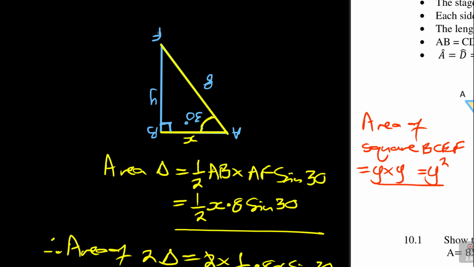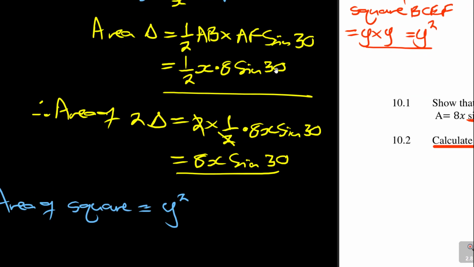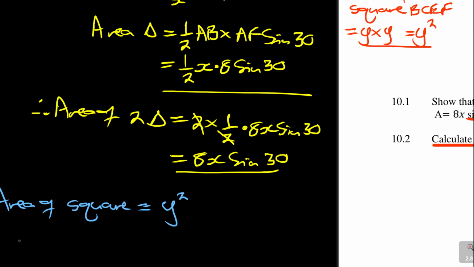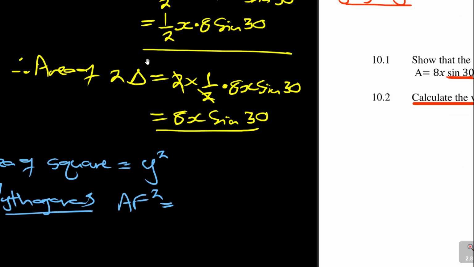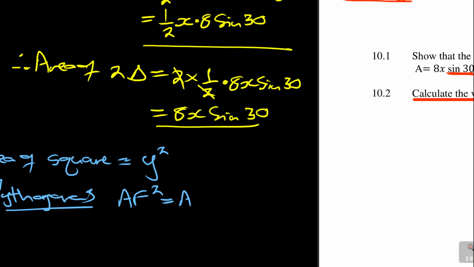So now remember the theorem of Pythagoras. What does it say? The longest side AF squared. Here I can say Pythagoras. AF squared is equal to AB squared plus FB squared.